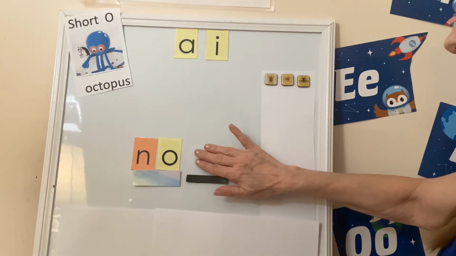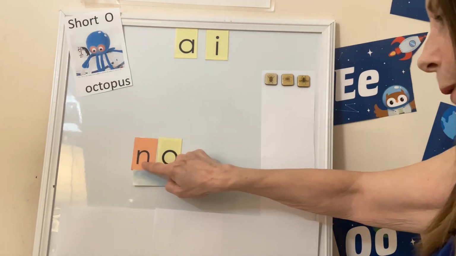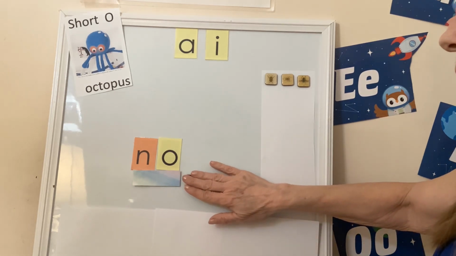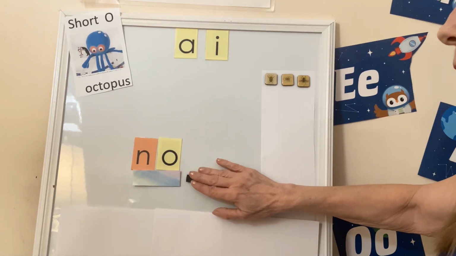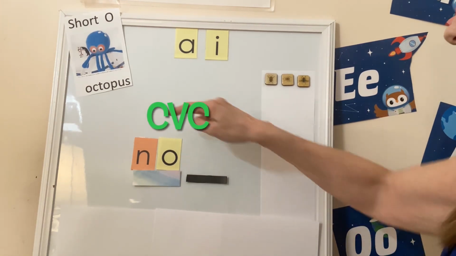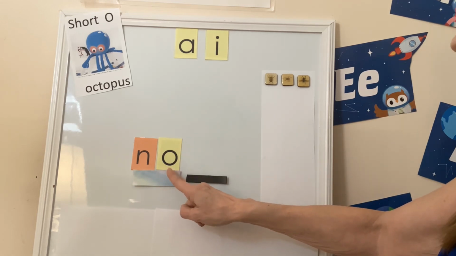But since another consonant is coming here, the sound is na. The baby sound is na, and the vowel is saying ah. When another consonant follows the vowel, it's going to say the short sound. We call these CVC words, consonant, vowel, consonant. It always says the short sounds.